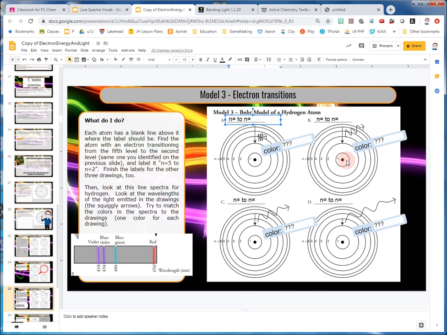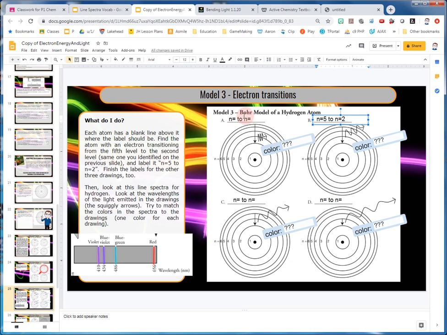And label it N5 to N2. And this is how we express electron transitions. We're not going to draw this model every single time. We're just going to say N5 to N2. This is where it starts. This is where it goes.